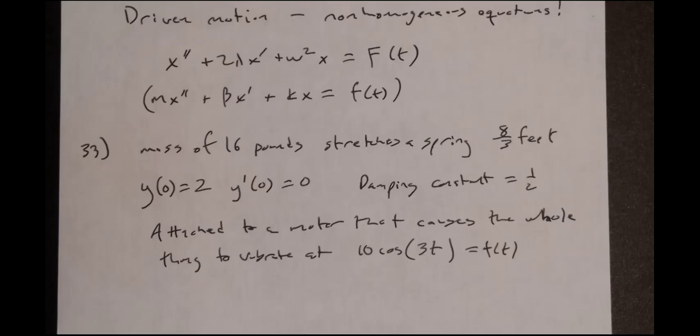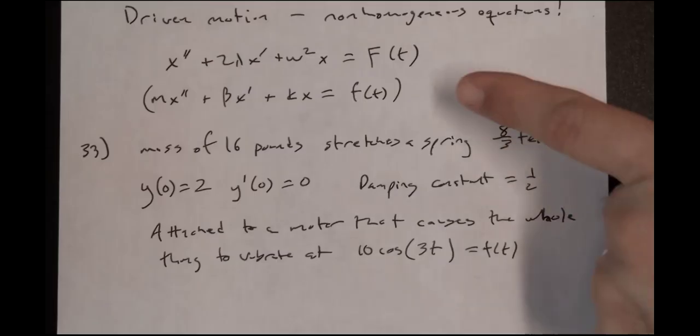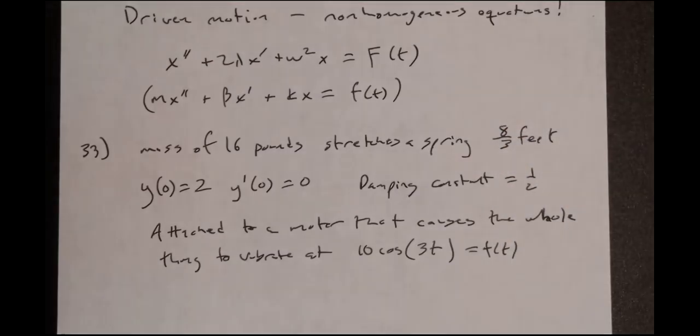I want to write the equation here that's in parentheses. I have beta. I have little f of t. I need m, and I need k. How do I get there from here?